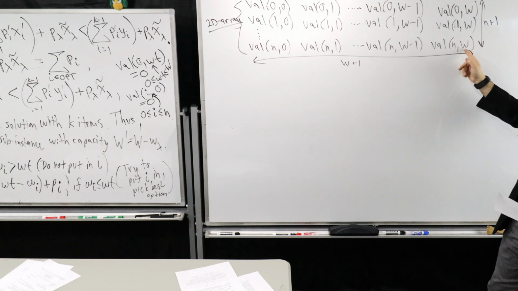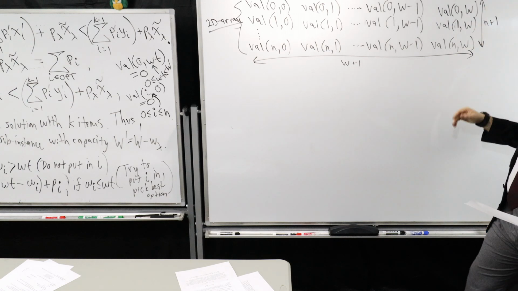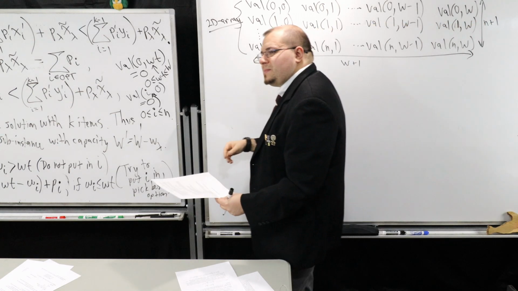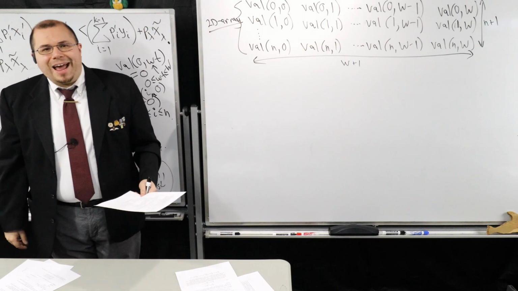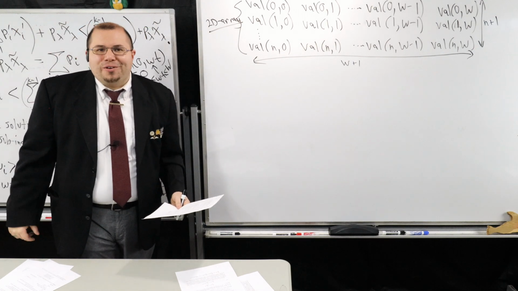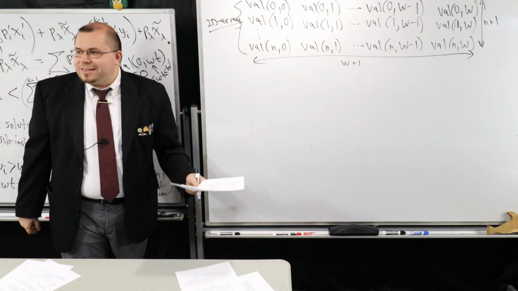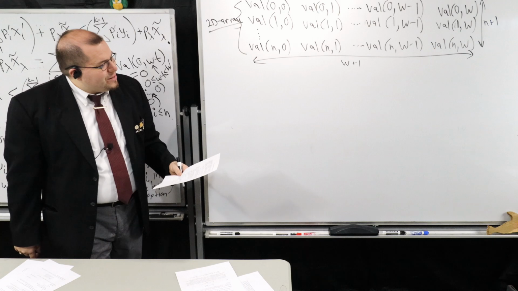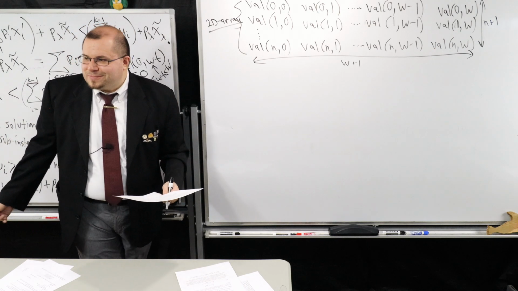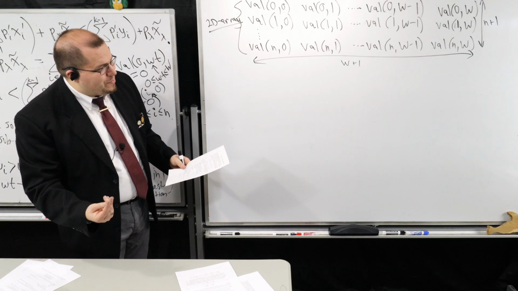Here is when the knapsack capacity is in fact W. So what entry has the optimal profit in it? If I look at this table, what has the optimal profit sitting right in it? This is going to be a very important part of the algorithm.